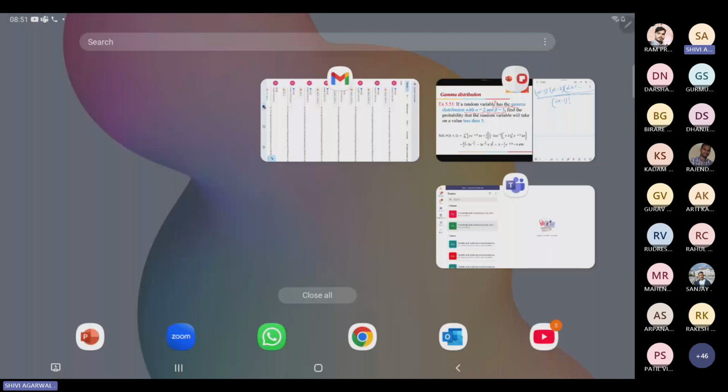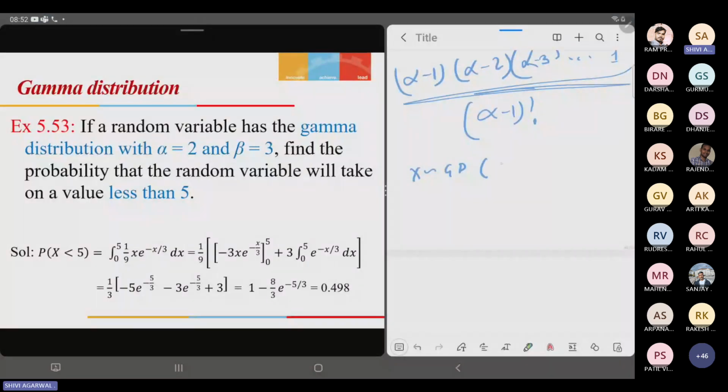So we are saying x follows the gamma distribution with parameters alpha equal to 2 and beta equal to 3. Clear? We have to find the probability when x is less than 5.